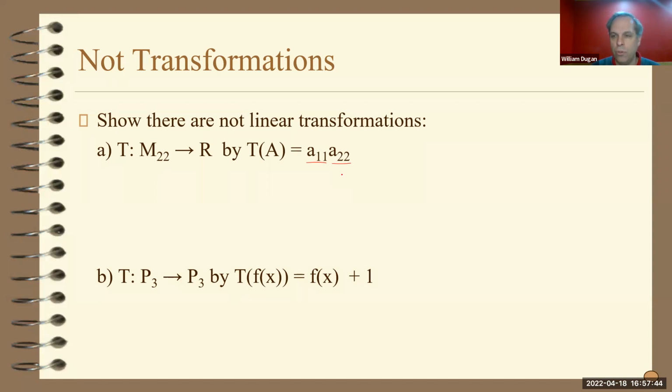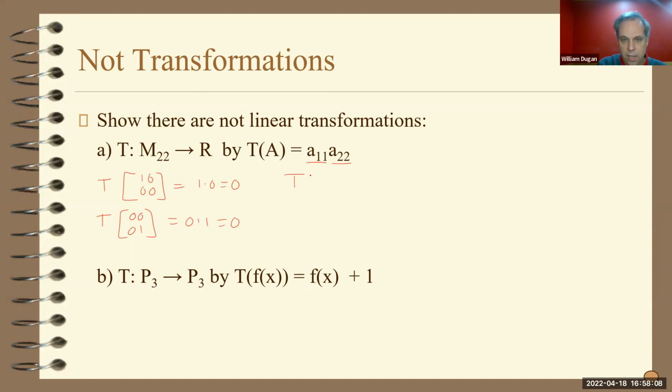So in M22, there's at least two vectors that will be useful for us. One would be the vector 1, 0, 0, 0, because notice T of that is going to be just 1 times 0, which is 0. And T of 0, 0, 0, 1, that is 0 times 1, that's also 0.